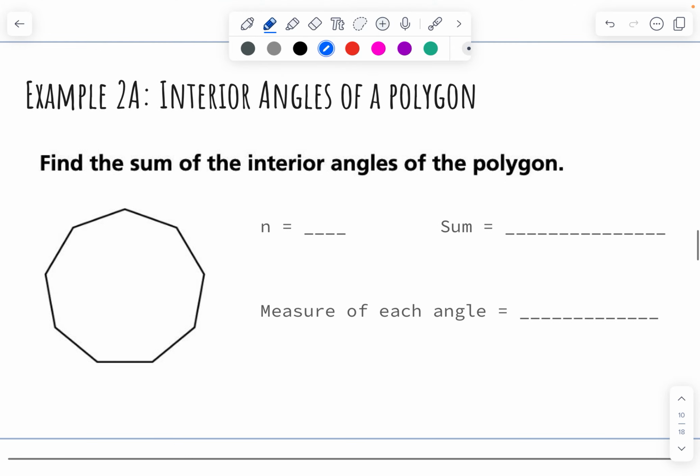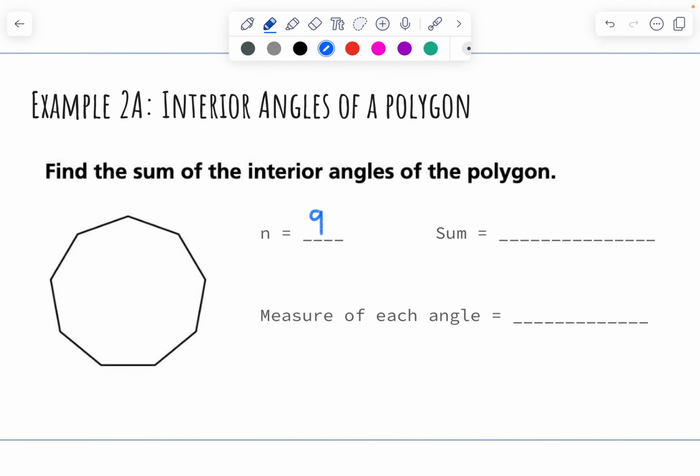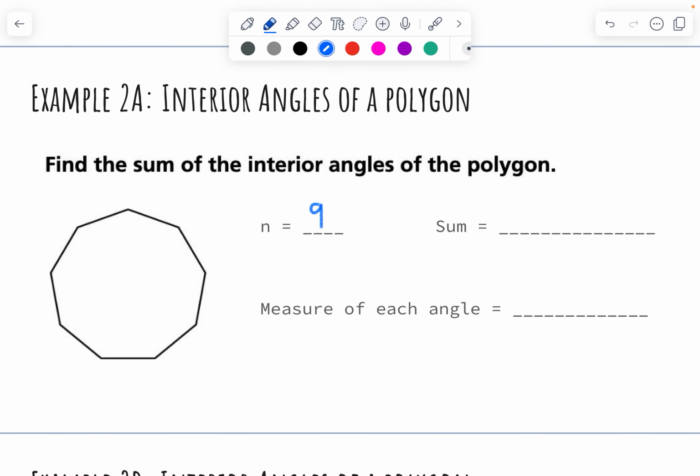So let's look here. Our first one, if we count the sides, there's 9 total sides. So the total sum then, I would do 9 minus 2 times 180, or 7 times 180, and I would get a total of 1,260 degrees.